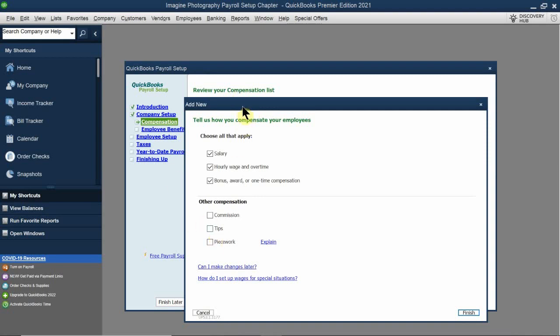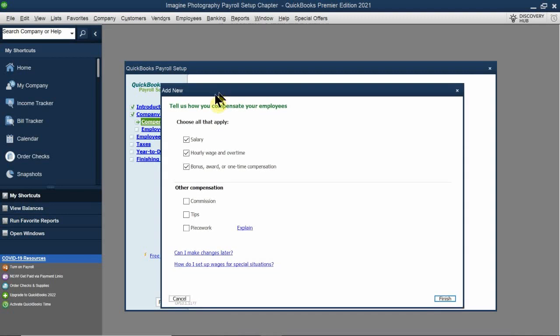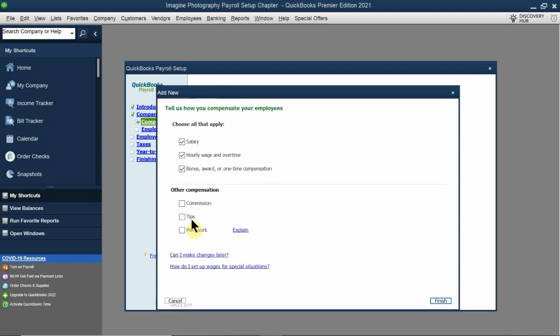Now, what else can they be paid by? Well, in this case, can they be paid by tips? Can they be paid on commissions? I'm going to say yes, they can be paid on commissions. Can they be paid on piecework? Now, here's a rule of thumb. You also have to take into consideration, if you are planning to pay your employees, you need to know what the state's minimum wage is.